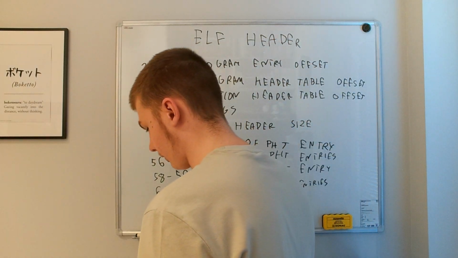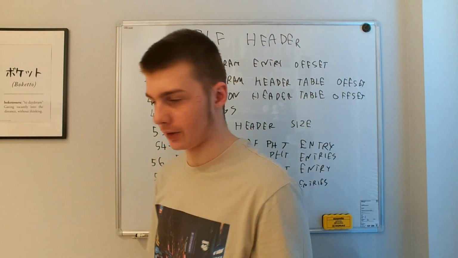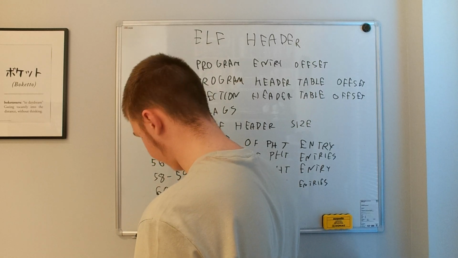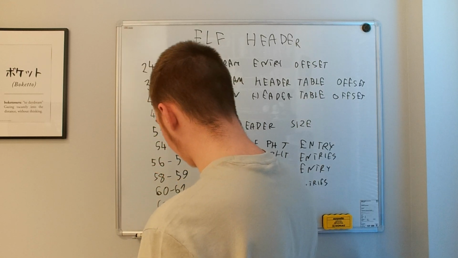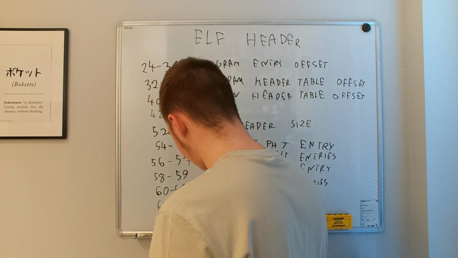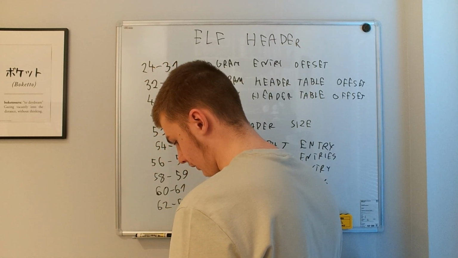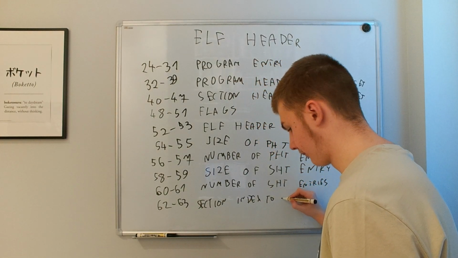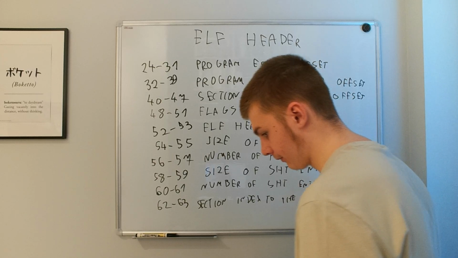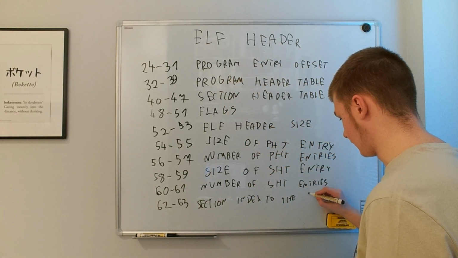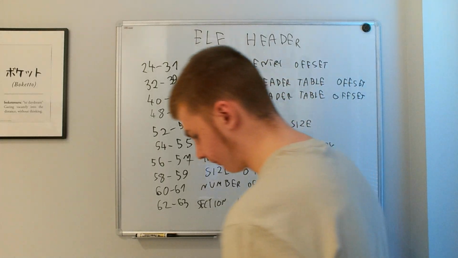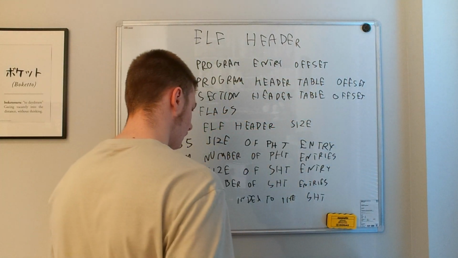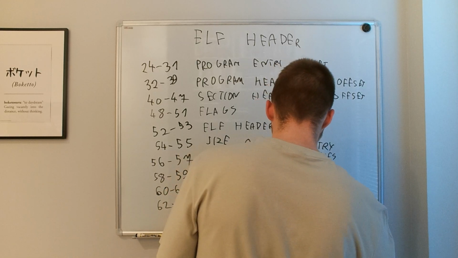And to finish this off, so we have 64 bytes in our ELF header. We have a section index to the SHT, or not the SHT, the string table.